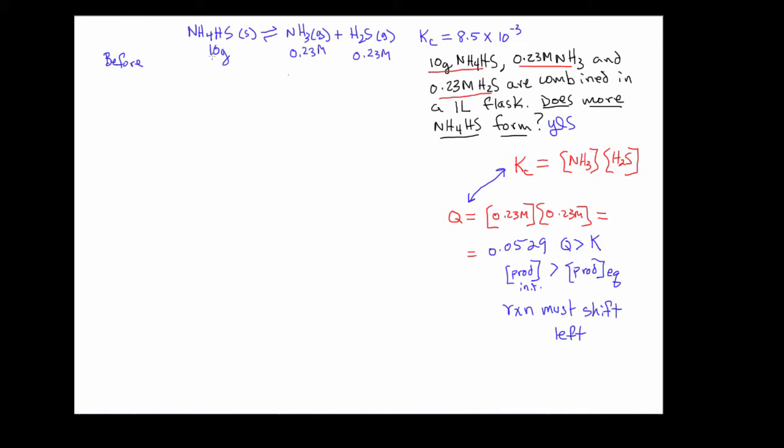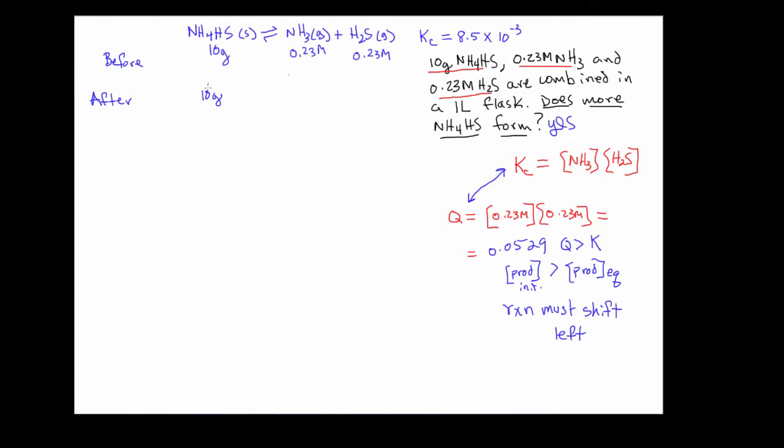Now, the 10 grams of the NH4HS doesn't matter because as long as there's some solid present in the reaction container, the individual density of this material never changes. No matter how much new material we add to it, the density of the solid remains the same no matter what. Now, after we reach equilibrium, we're going to have 10 grams.